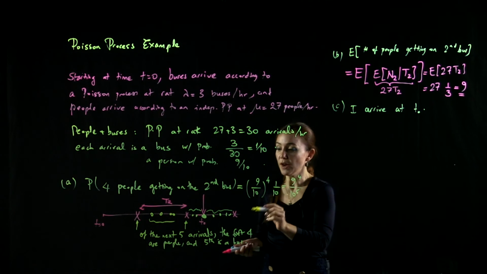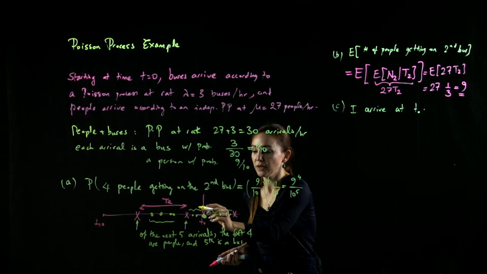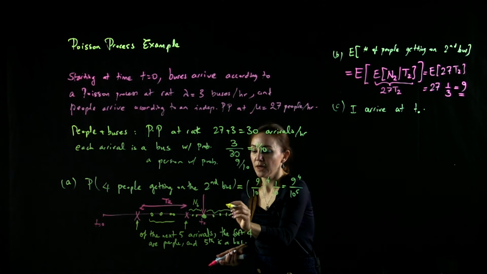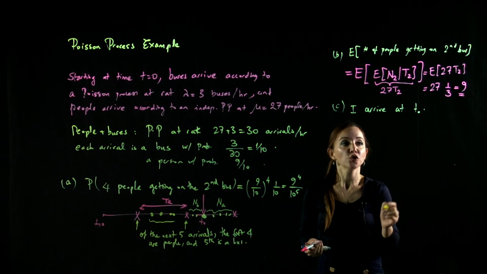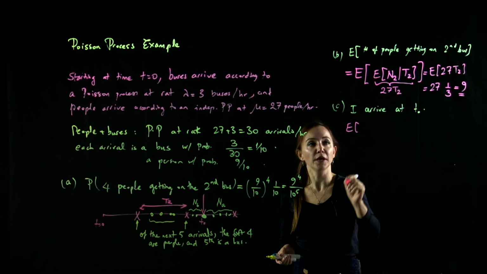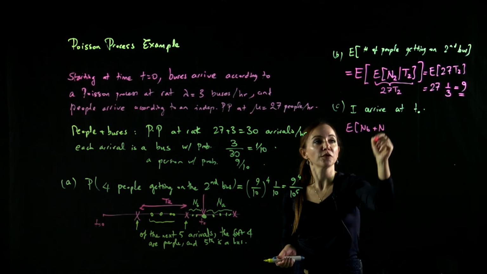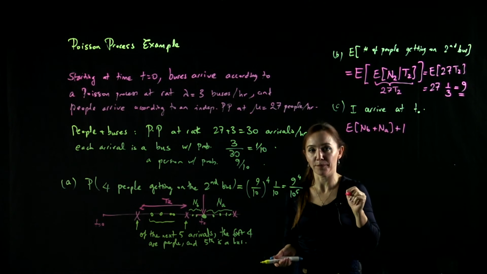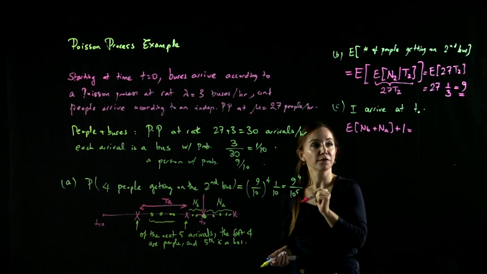So I'm going to have to add the expectations of these people that came before me, let's call that N sub B, and the people that come after me, let's call them N sub A. So the expected number of people that get on the same bus with me is the expectation of the number of people that come before me plus the number of people that come after me plus 1, of course, that's for me.